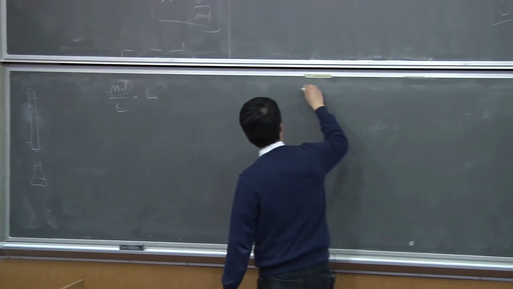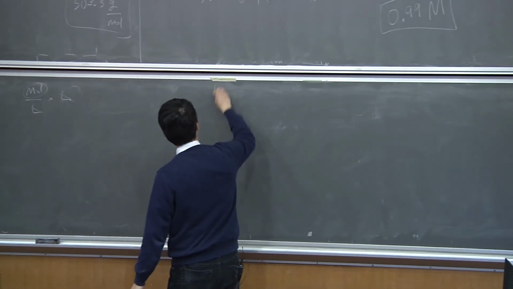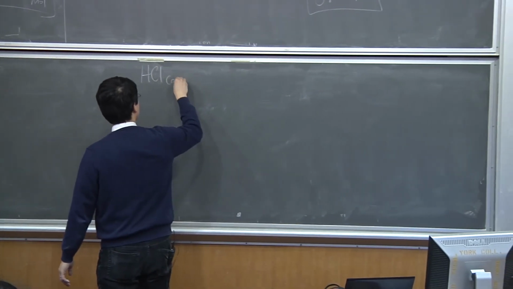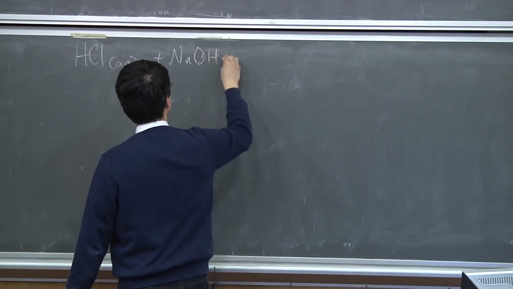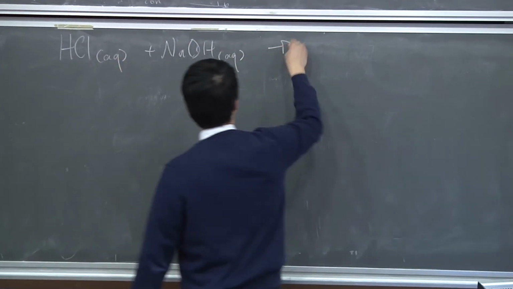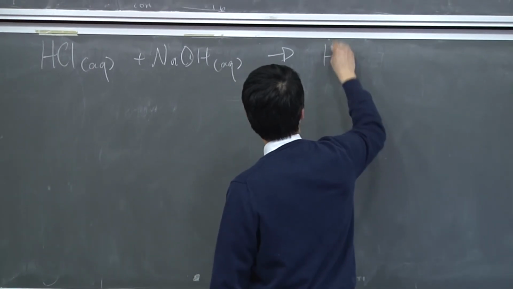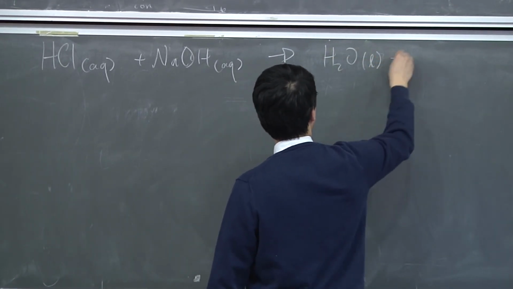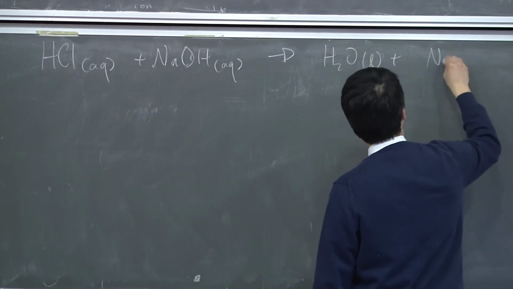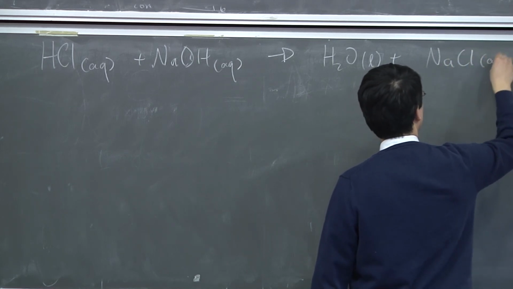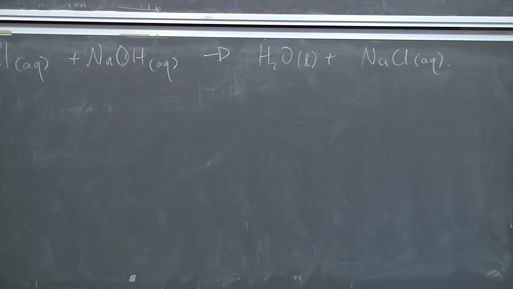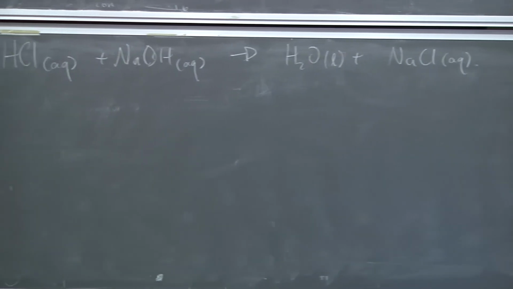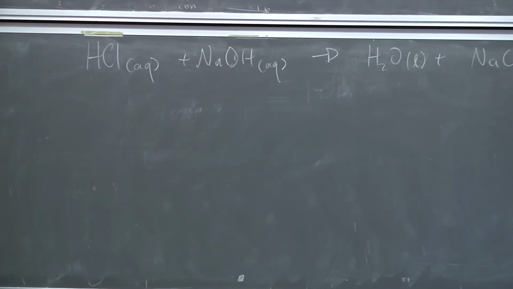So let's look at our prototypical acid-base reaction. HCl aqueous plus NaOH aqueous gives me H2O liquid plus NaCl aqueous. And let's start with what I know.